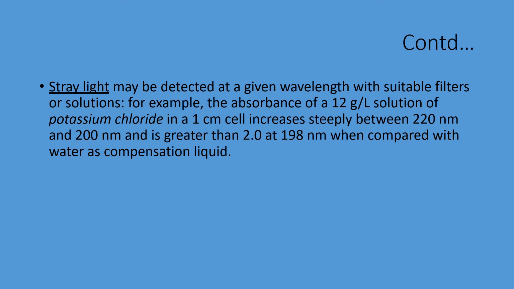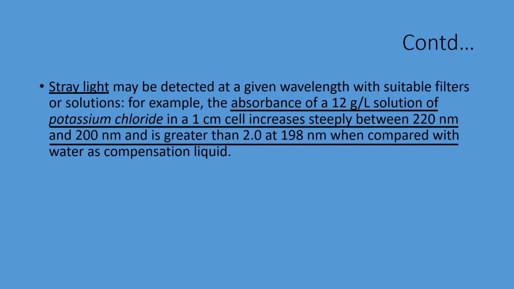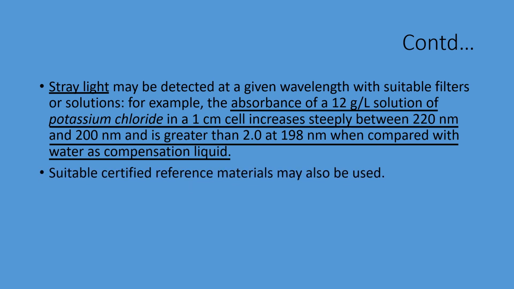For example, the absorbance of a 12 gram per liter solution of potassium chloride in a 1 centimeter cell increases steeply between 220 nanometers and 200 nanometers and is greater than 2 at 198 nanometers when compared with water as compensation liquid. Suitable certified reference materials may also be used. This is a method used for estimating the stray light.